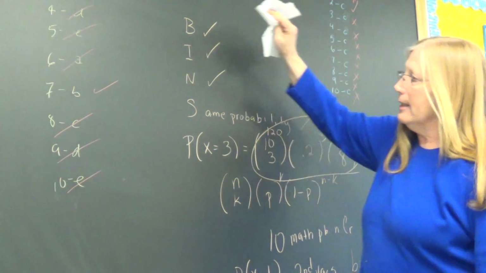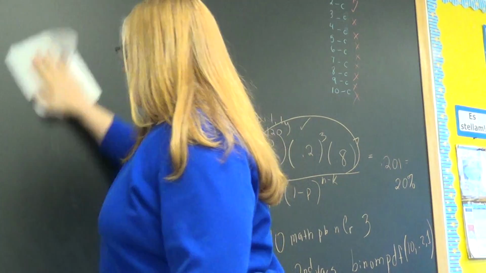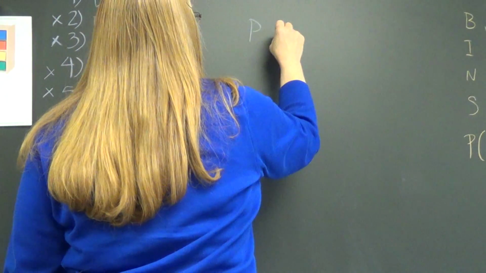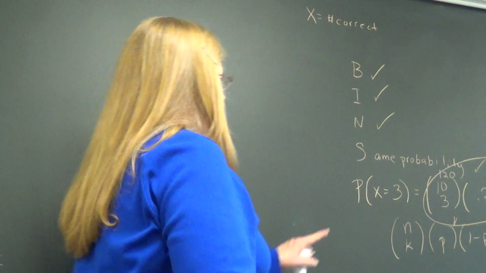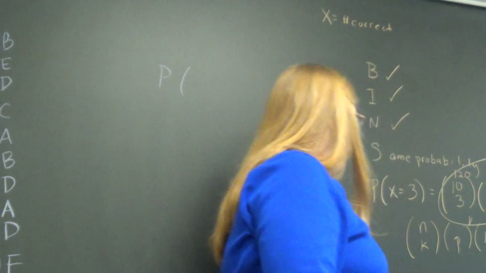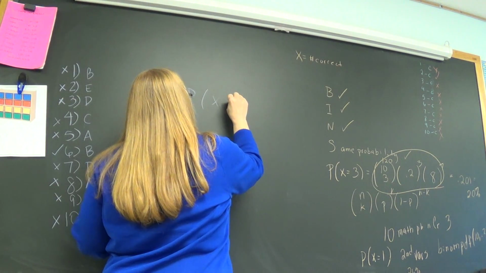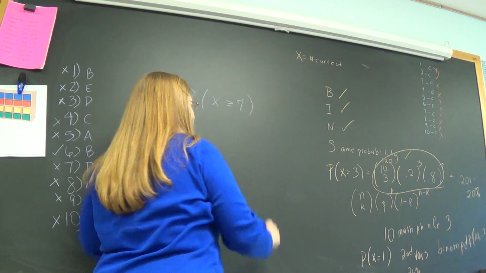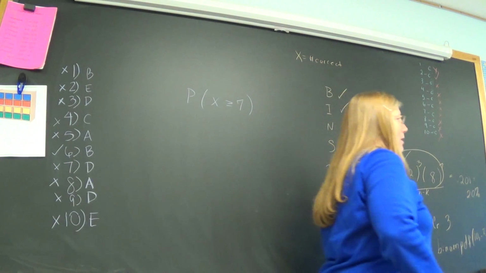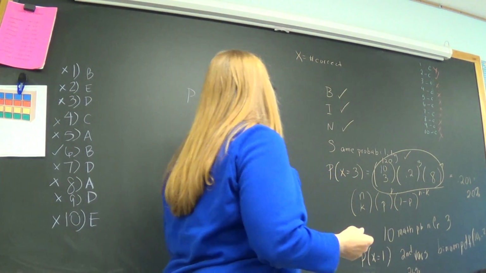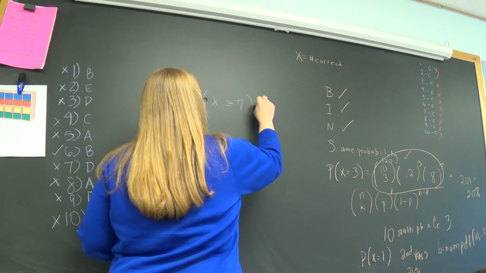Let me discuss the probability of having, instead of the probability of x equals 3 and x equals 1, say, what's the probability of getting 7 or more correct in this game? So, can you think of how we would set that up with either our calculators or by hand?